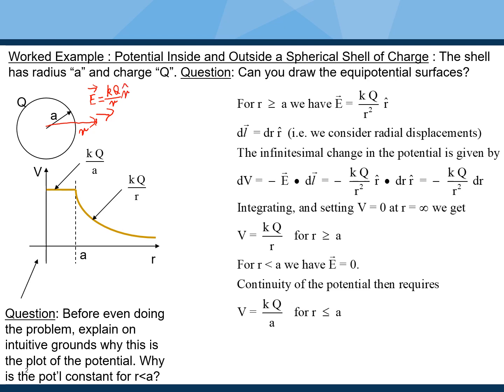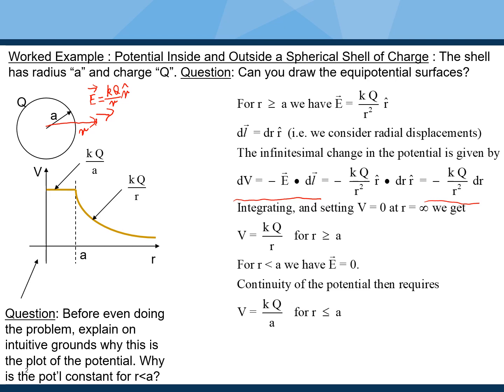Now, we go ahead and ask ourselves, what is the change in potential as we go a certain distance dr in the outward direction? And that is just given by minus kq divided by r squared times dr, which basically reminds us that this is the same formula that we used for finding the potential associated with a point charge.